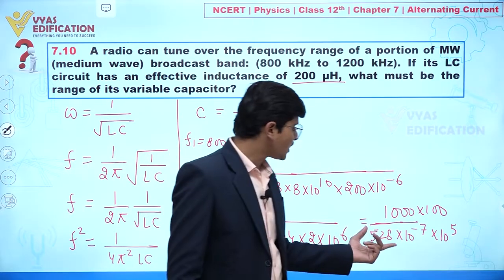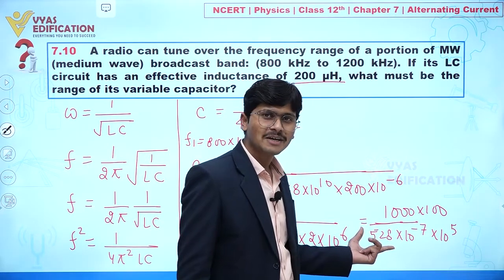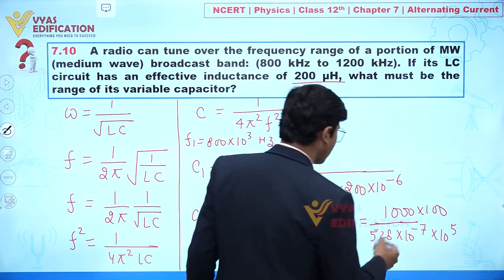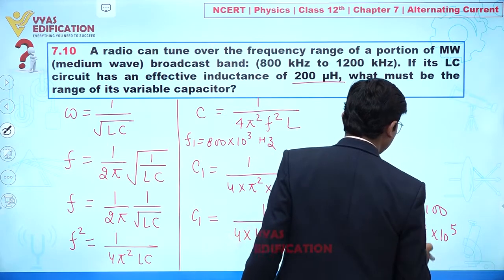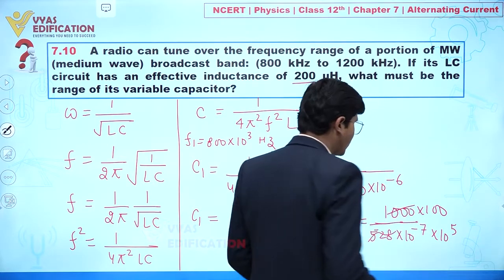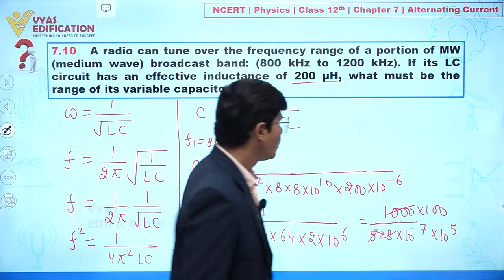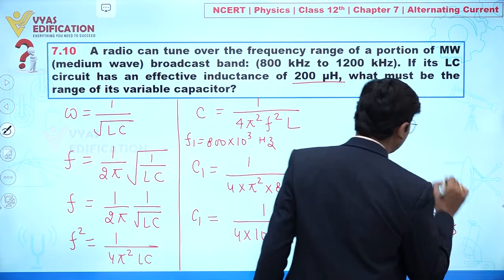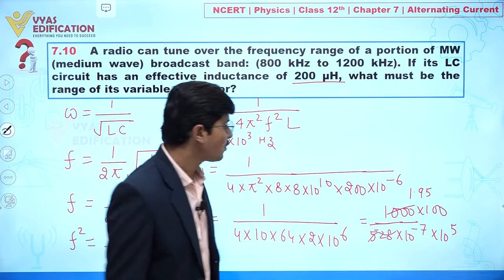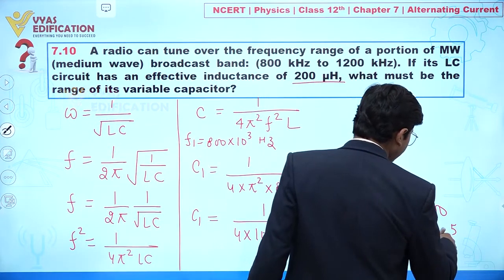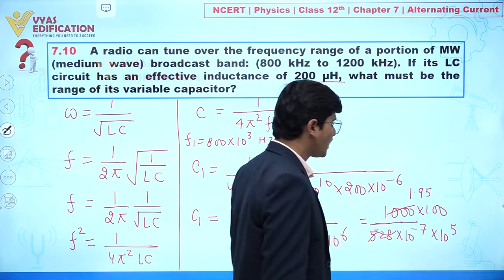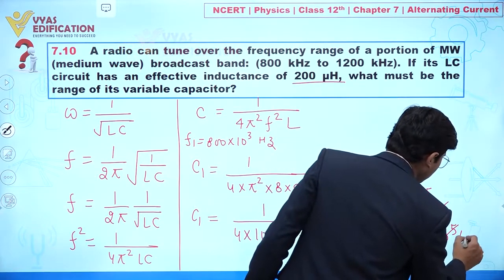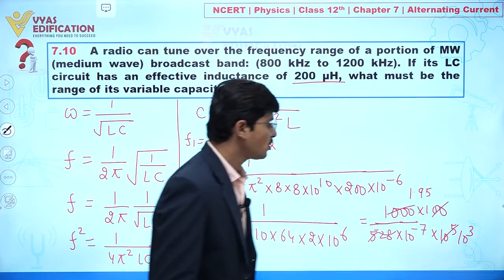Let's suppose I am assuming this is near about 500, so 1000 divided by 500, approximately you are getting near about 2. Or definitely you will get some less value, so I am saying let's suppose 1.95, and this is 10 to the power 3.